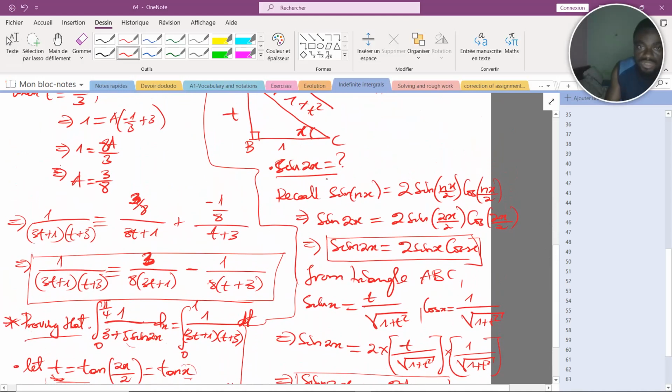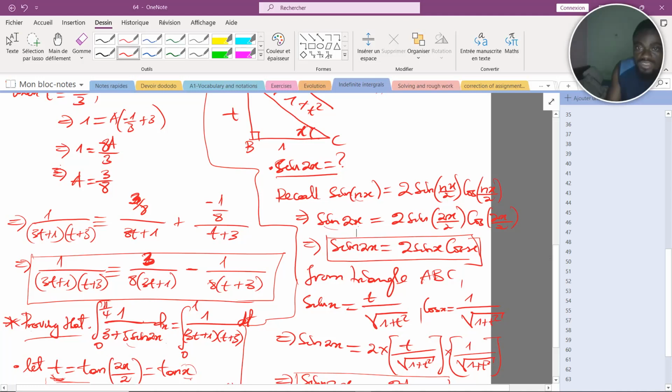What is the question that I asked? Sine 2x equals what? We recall first of all that we cannot find sine 2x directly from the triangle because the angle here is x. So I recall that sine nx is equal to 2 sine (nx/2) cos (nx/2). What is supposed to be n for us to have sine 2x? We replace n by 2.